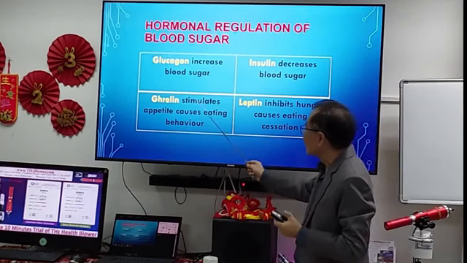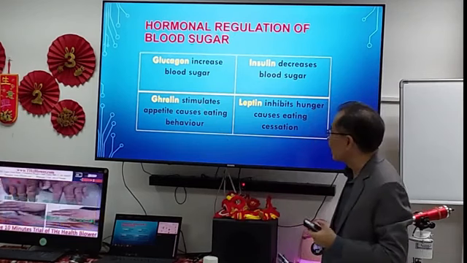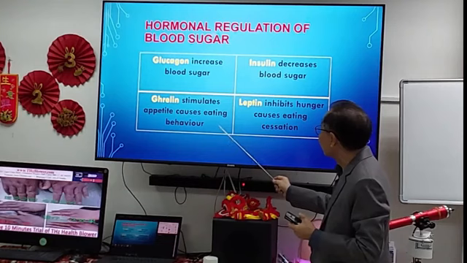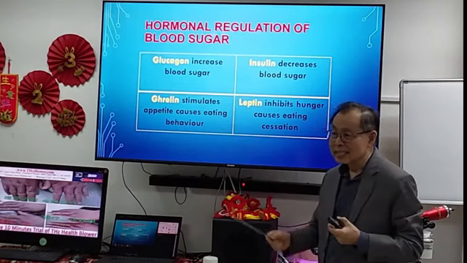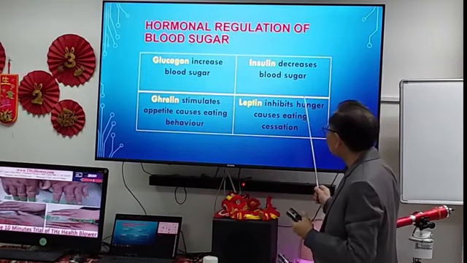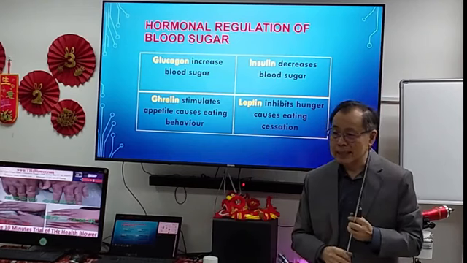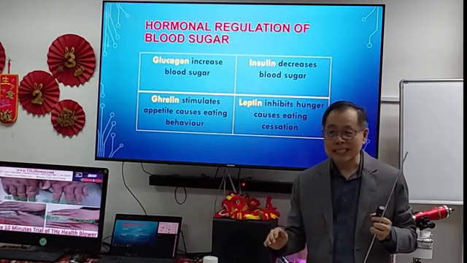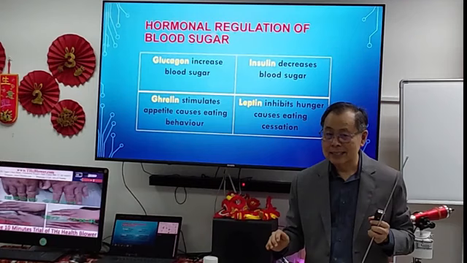So ghrelin is a hormone that stimulates appetite. There's another hormone called leptin. It inhibits hunger, stops you from eating. See?